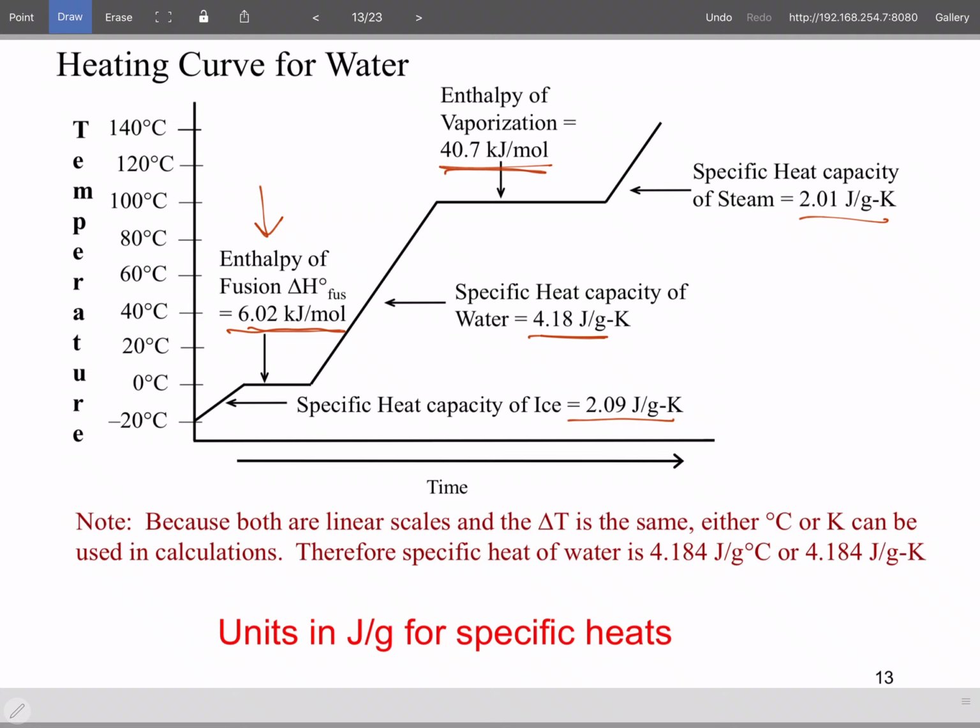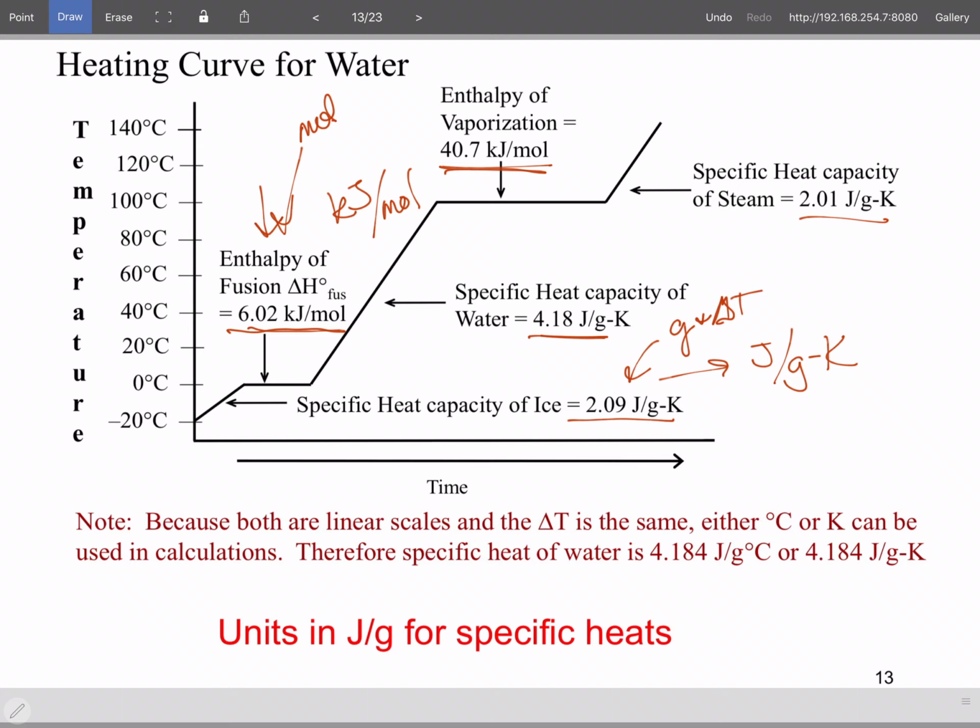But notice that these units are joules per gram per K, and these are just kilojoules per mole. So here we need the moles, and here we need the grams and the temperature change.